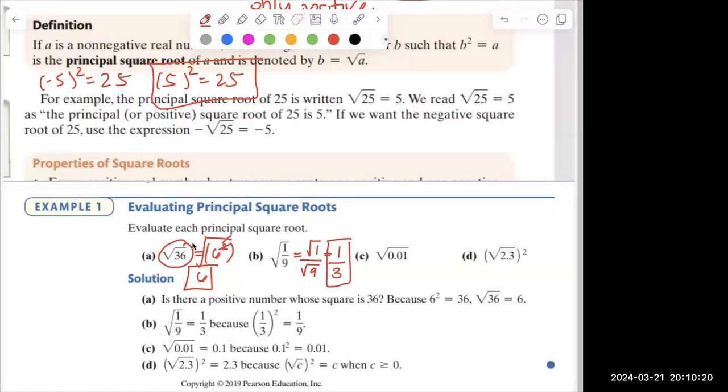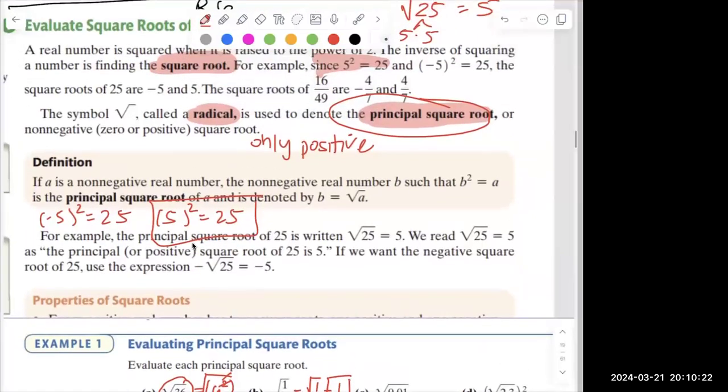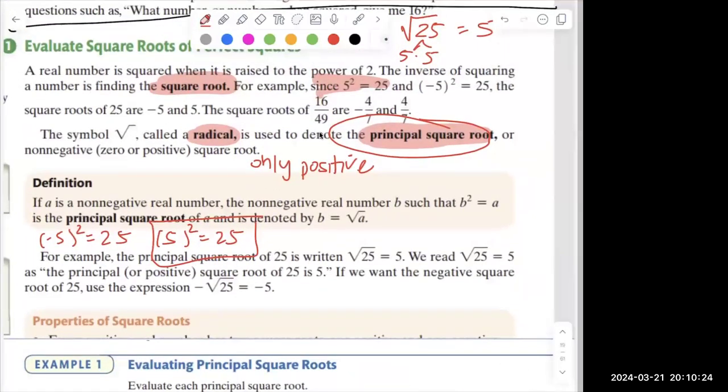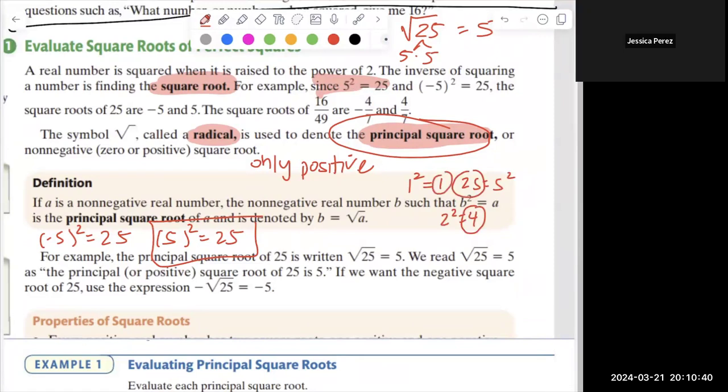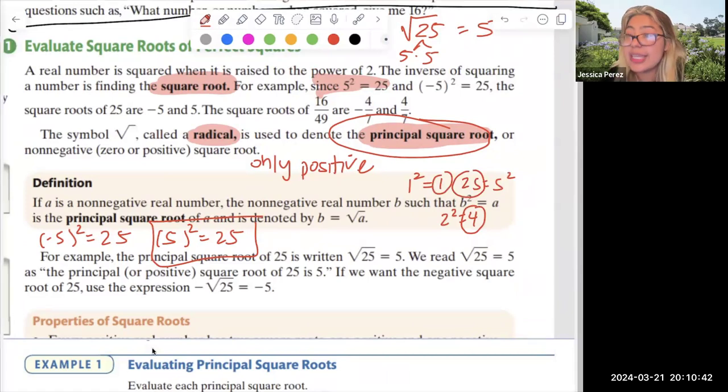Basically what I'm saying is we're dealing with square roots that involve numbers that are perfect squares. Like 1 squared is 1. Like 25, it's 5 squared. 2 squared is 4. All of these have roots: 1, 4, 9, 16, 25. Do you see the pattern?